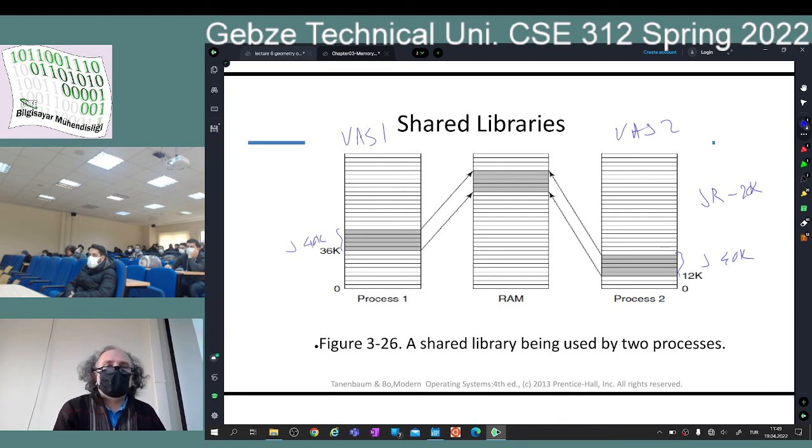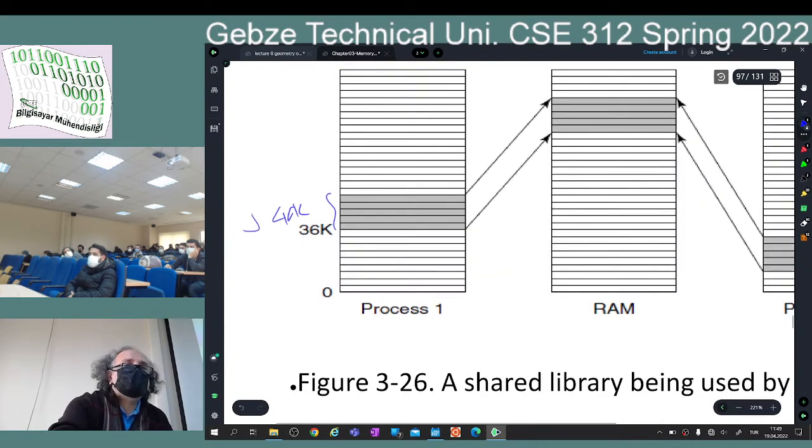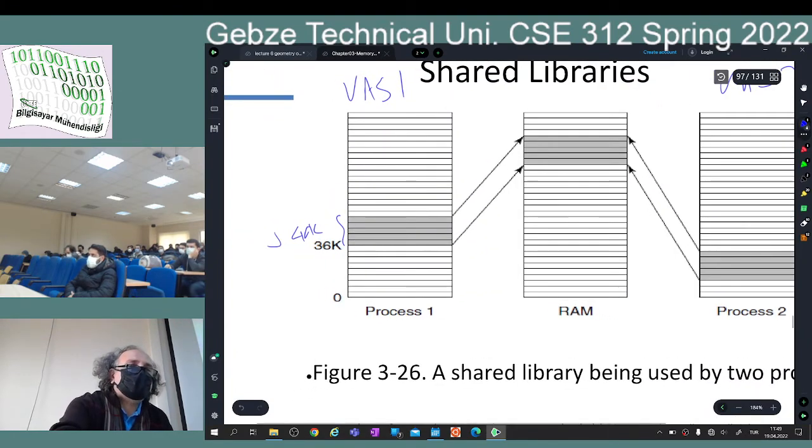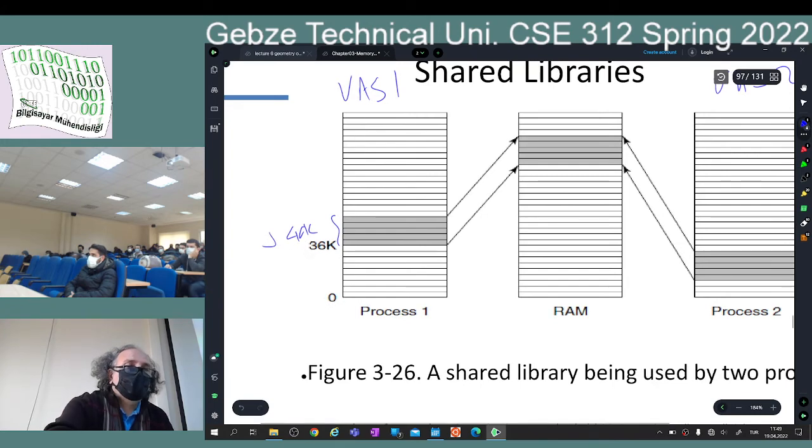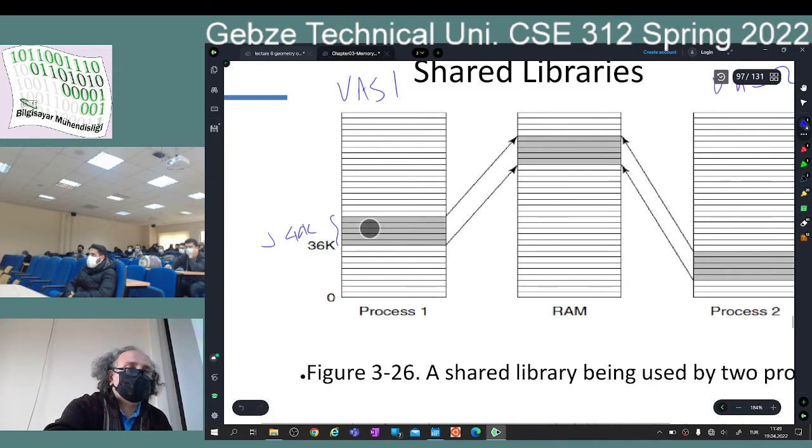But other than race conditions, there is a special problem for relocatable code or position independent code. Remember this one, the exact same problem. If there is an instruction that says jump to address 40,000 inside this code, yes, I can jump to it.